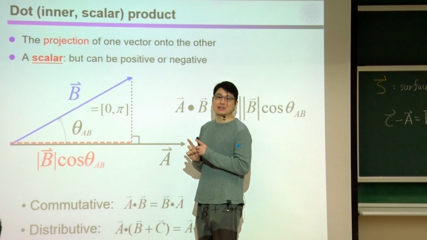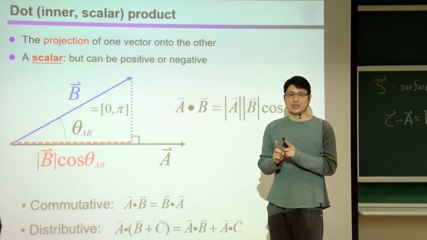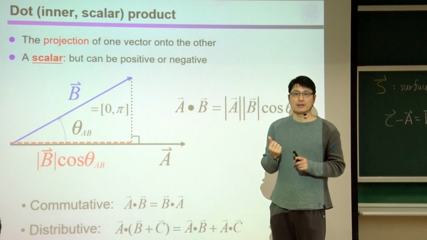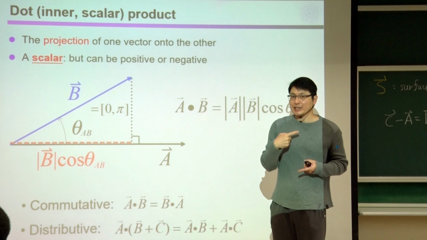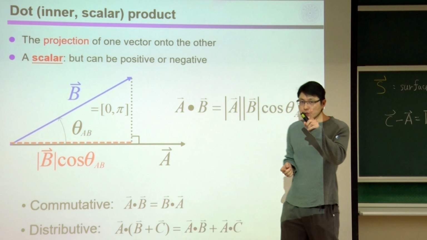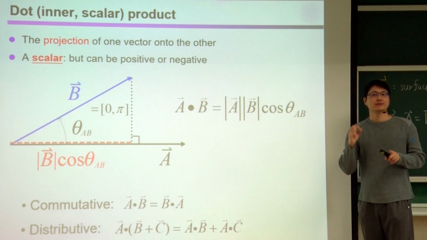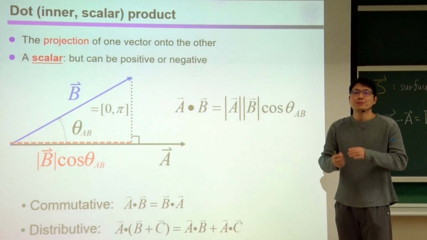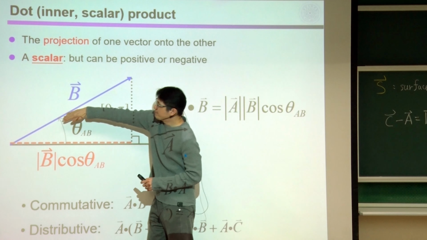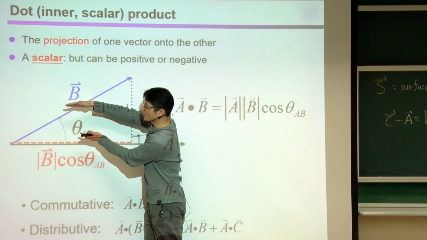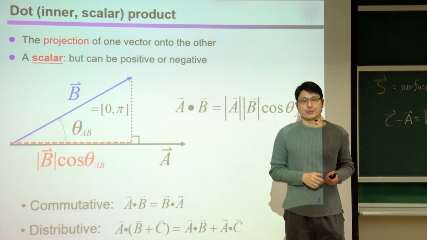If you want to maximize the dot product, what is the necessary condition for A and B to be? They should be in parallel, right? They should point into the same direction to maximize it, which means in the language that you can understand, theta has to be 0, right? To maximize the projection length. So in the best case, if B and A are parallel in the same direction, then the projection is basically the length of B, right?